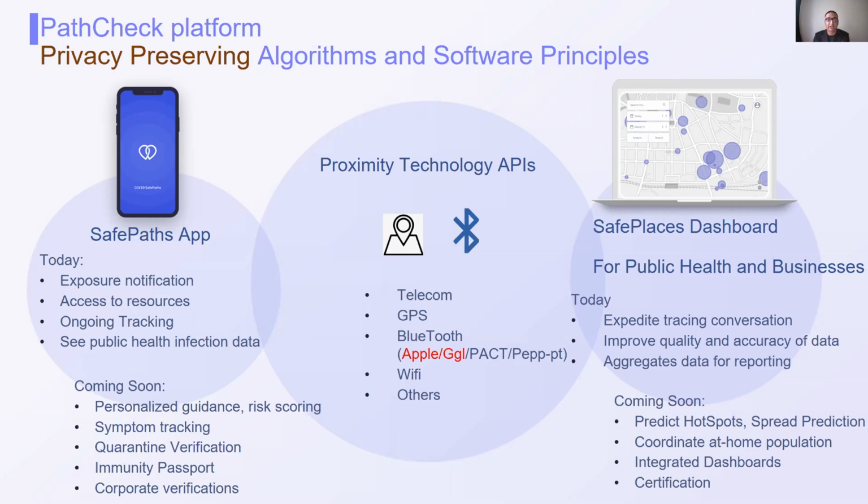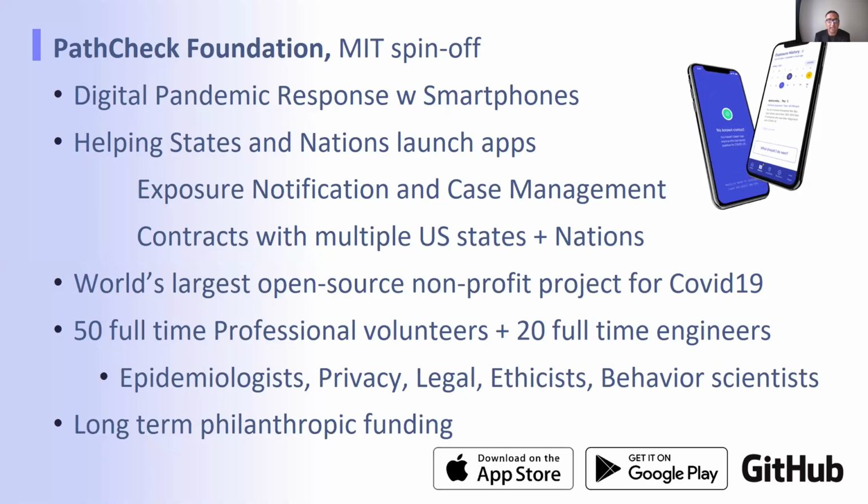And in that sense, we're agnostic to what specific proximity APIs one can use. In fact, we have mixed opinions whether Bluetooth is actually the most secure way to do it. We think actually GPS, if done right, is more secure and more private for contact tracing.